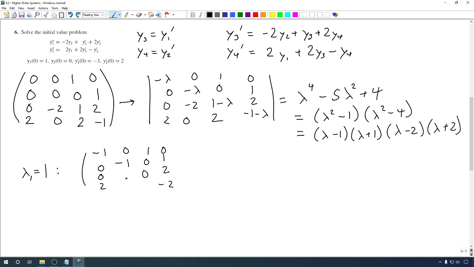I am getting off track here. It's negative 2, 0, 2. Okay. Now we go through some row operations. In fact, our first 2 rows are very nice for us. So we can multiply those by negative 1.